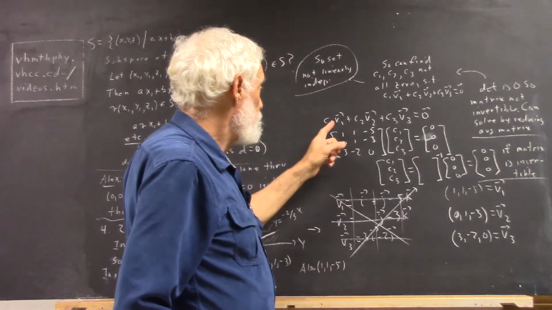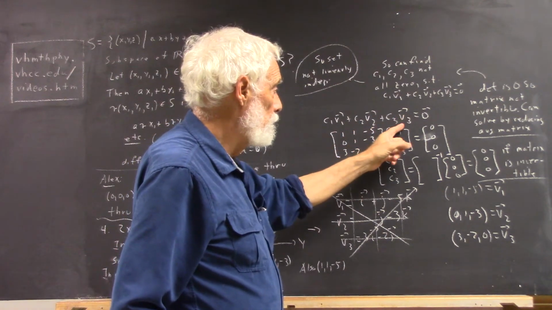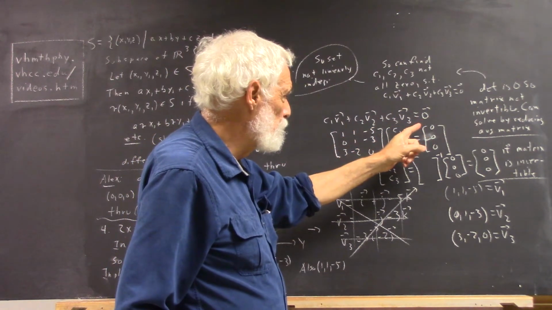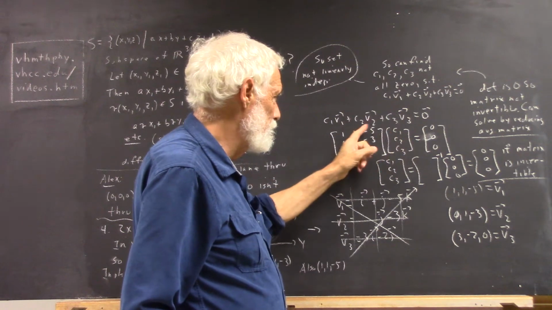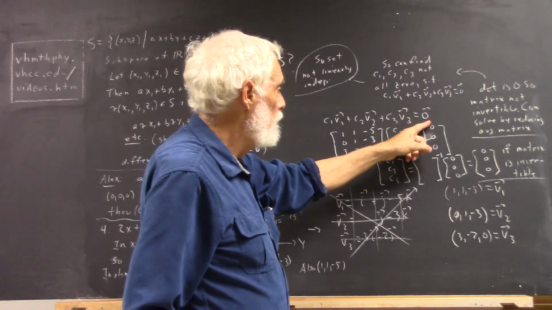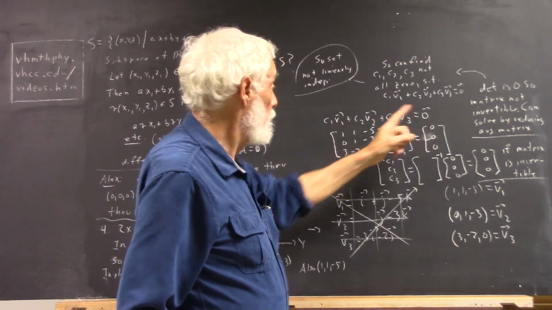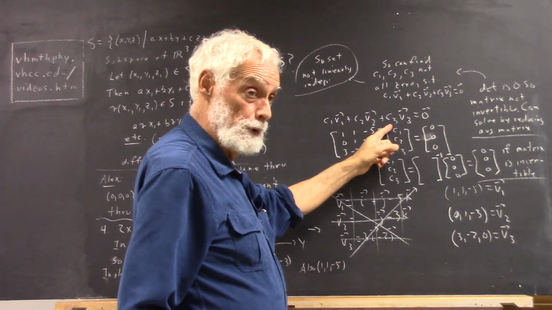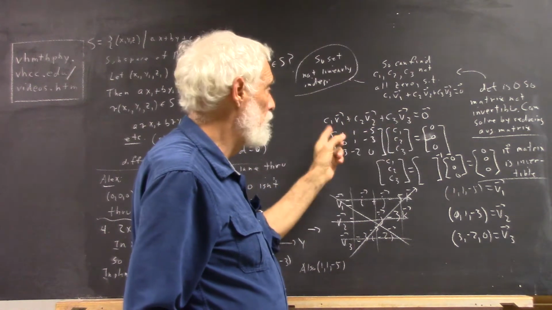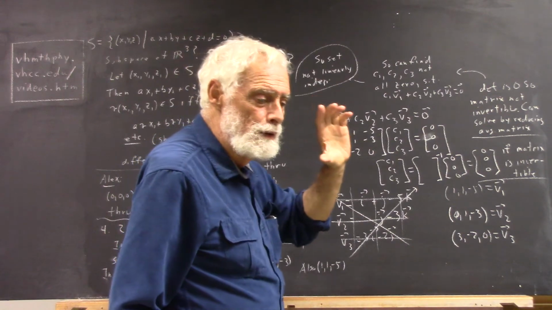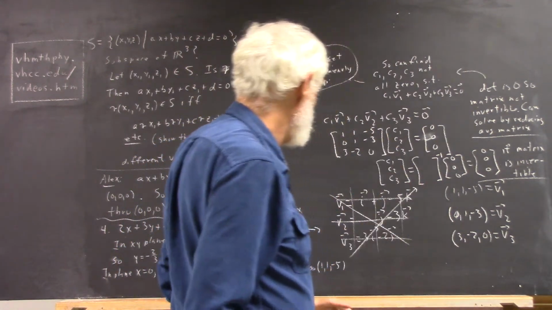So, is C1v1 plus C2v2 plus C3v3 equal to the 0 vector? Is there a non-trivial solution where C1, C2, and C3 are not all 0?